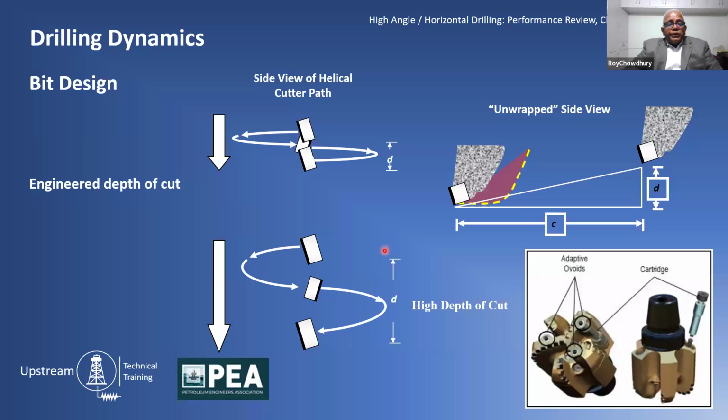Now, you would ask me a question right here: if this is the case, this is done for a particular ROP. There are new bit designs that use an automated kind of depth of cut control, adaptive depth of cut control, they call it.